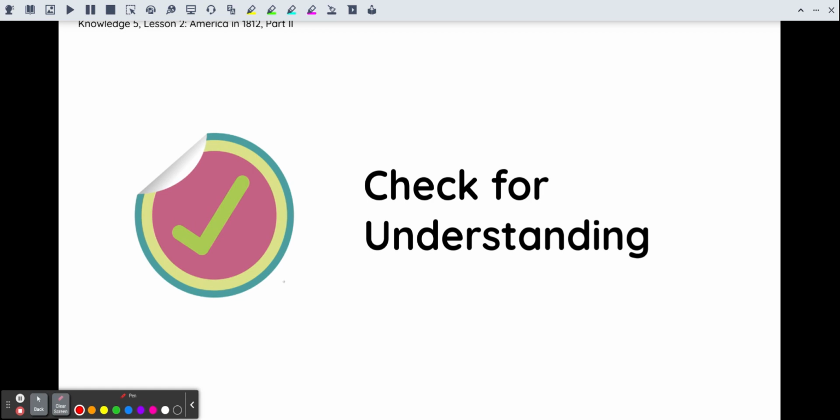If you think the United States will support France, give a thumbs down. If you think the United States won't take the side of either Great Britain or France, just hold your hand flat. Think about the reason why you made your choice.